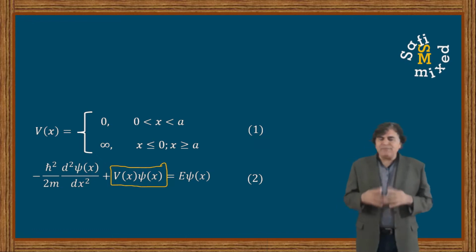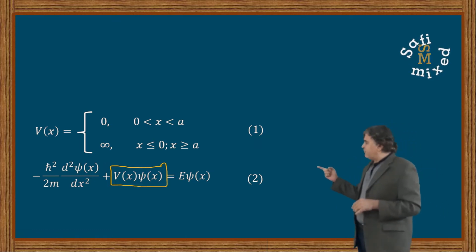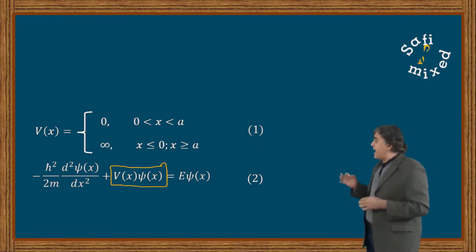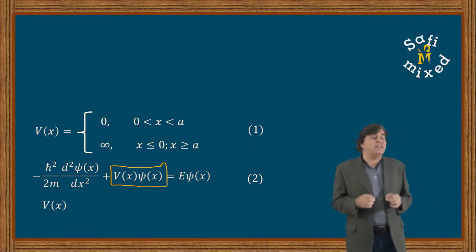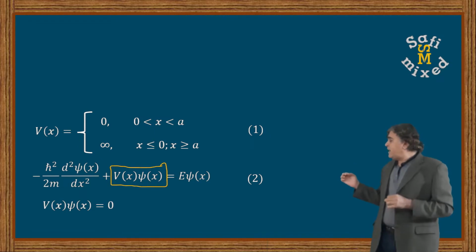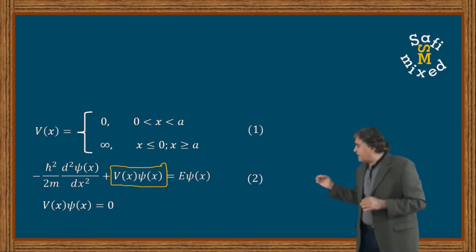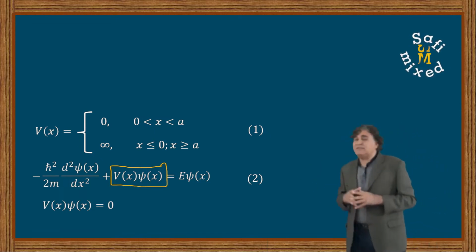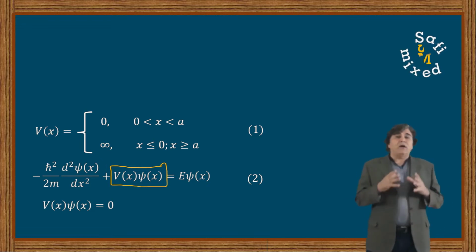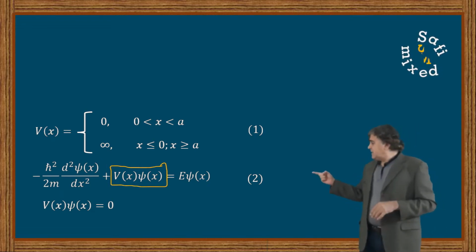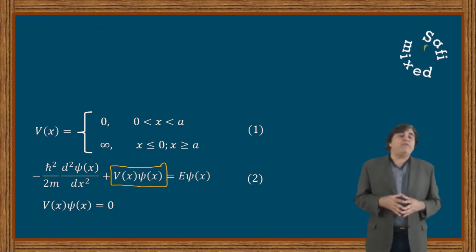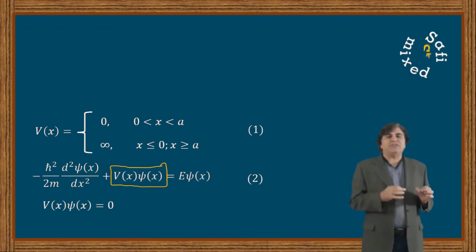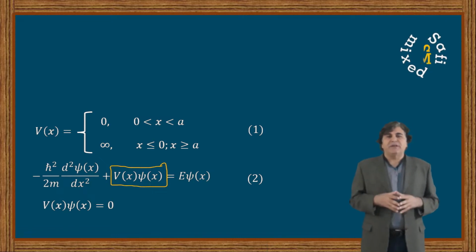So to keep the second part on the left of this equation finite and the equation retain its physical meaning, we conclude that the product V(x) times psi(x) equals 0. On the boundaries, this result is possible only when the wave function goes to 0 at the boundaries.